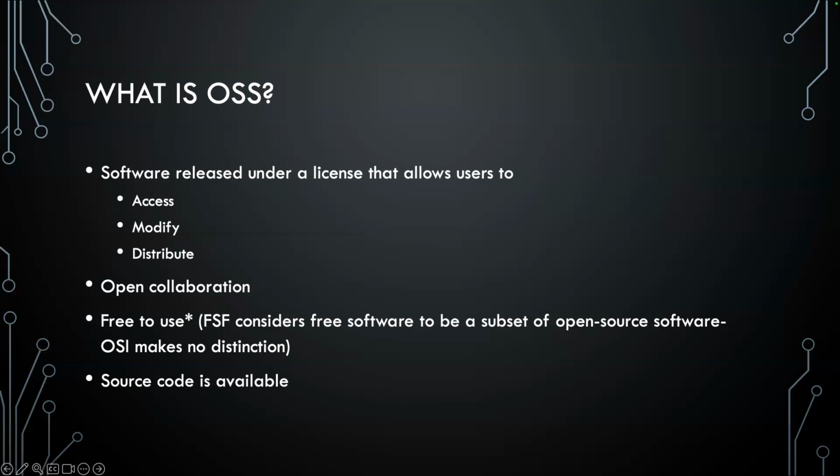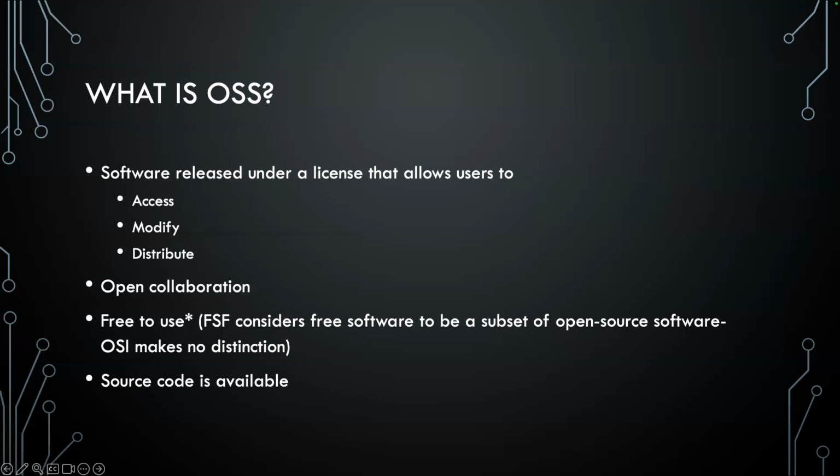If you are running on a Unix kernel like I am, that's open source software. It powers the whole world, and it's worth it to give back. So yeah, open collaboration, and in general, open source software is free to use.